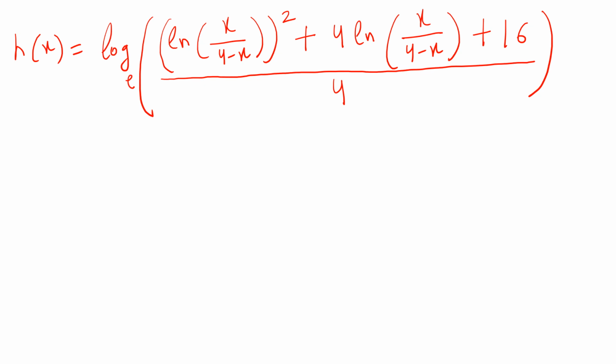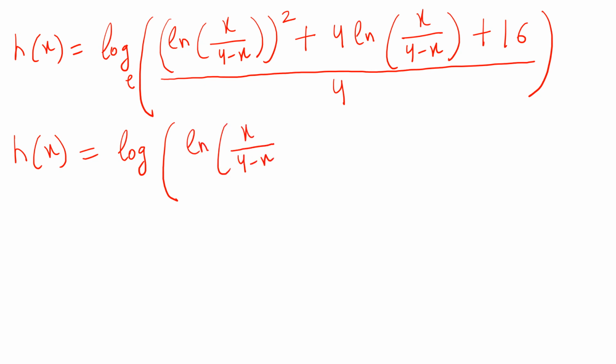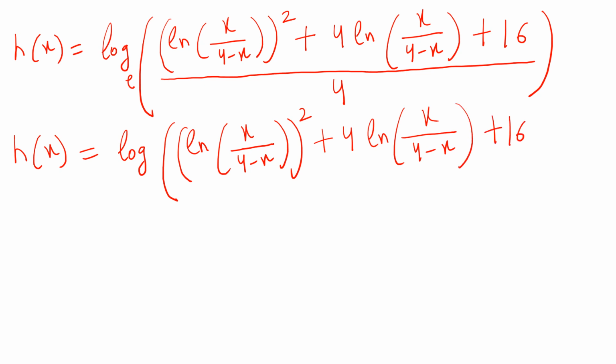Now by using the property of logarithm, that is log m by n equal to log m minus log n, I can further write h of x equal to log of ((log natural of x upon (4 minus x)) whole square plus 4 into log natural of x upon (4 minus x) plus 16) to the base e minus log natural of 4.